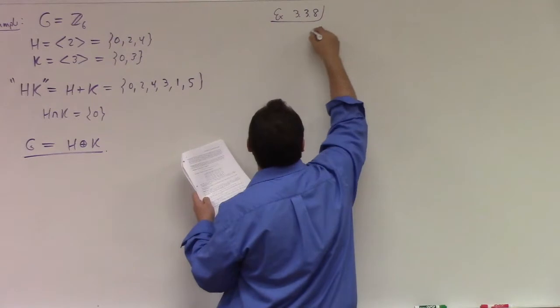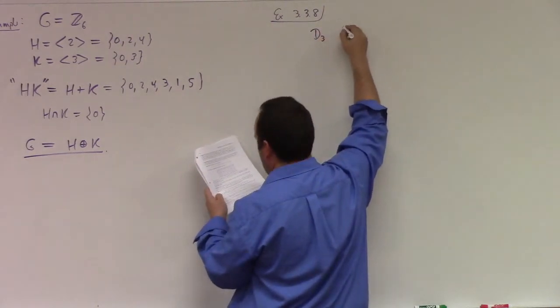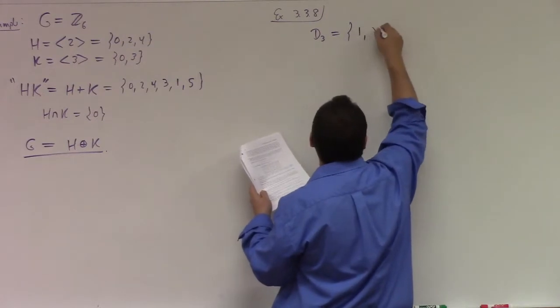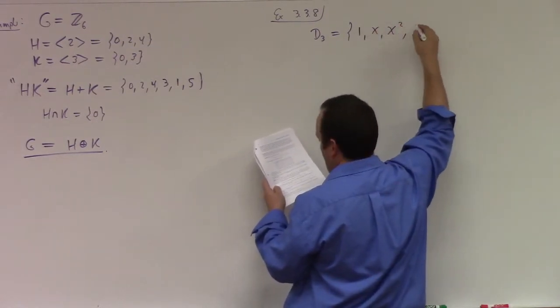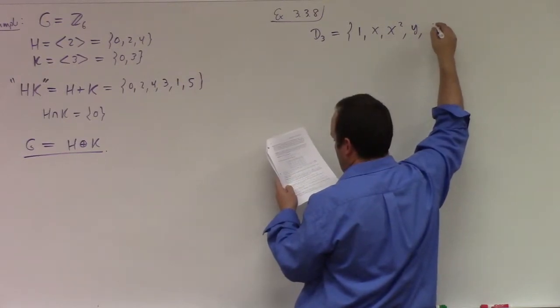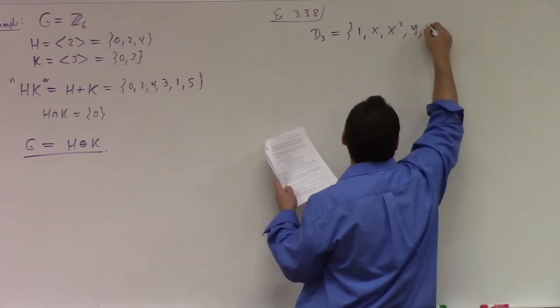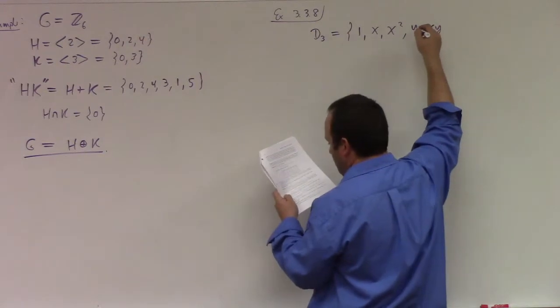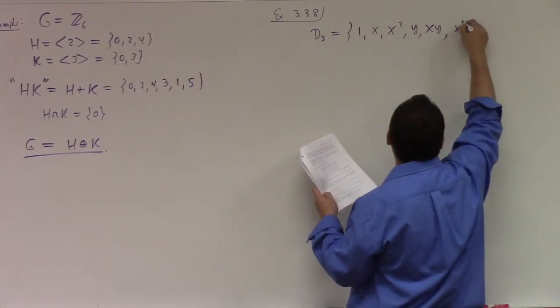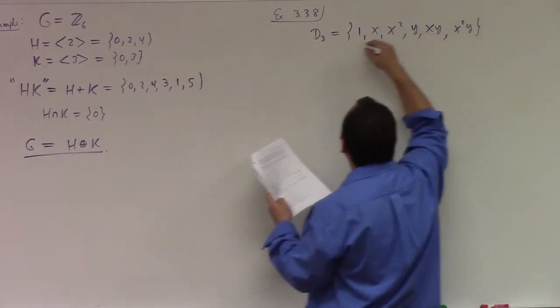And so we're looking at the dihedral group D3. And for the purpose of this example, I'm going to use 1, x, x squared, and y. Apparently, oh man, this is unfortunate. This is my old notation, or an alternate notation for D3, right? What have we been writing in here this year?